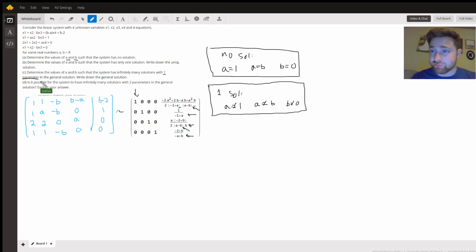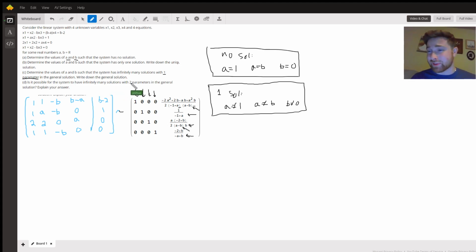So I'm not sure. Because it looks like there can't be an infinite amount of solutions given that there's a pivot in every single column. So I'd say none. D, is it possible for the system to have infinitely many solutions with two parameters in the general solution? Yep, for this again, I'd say that it's impossible. Okay.